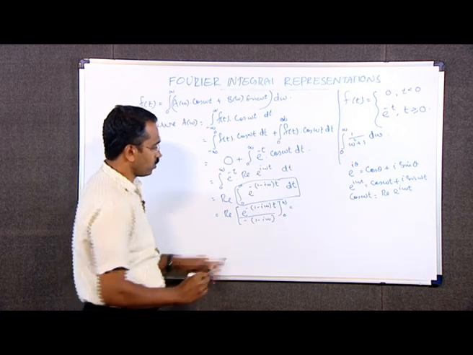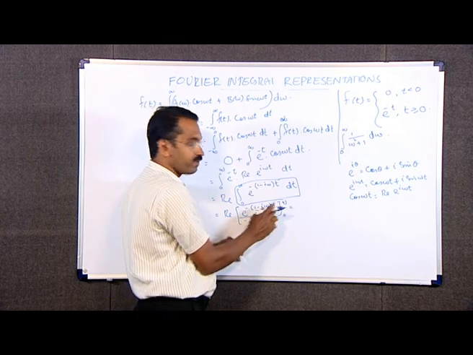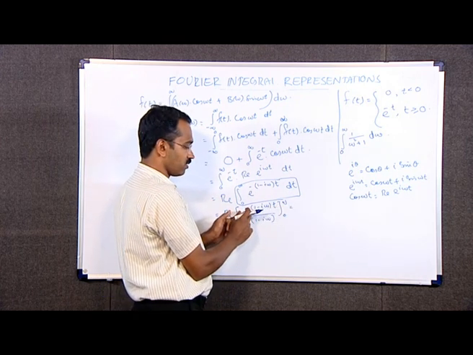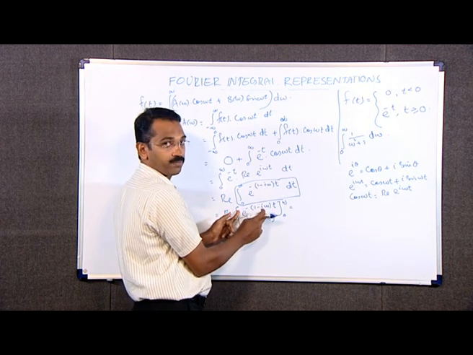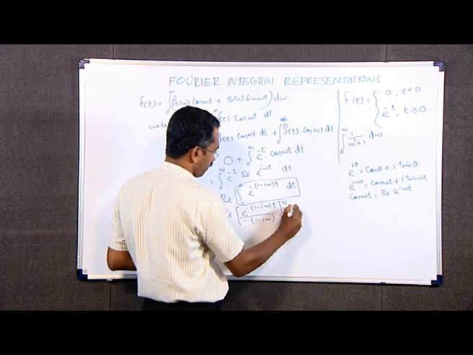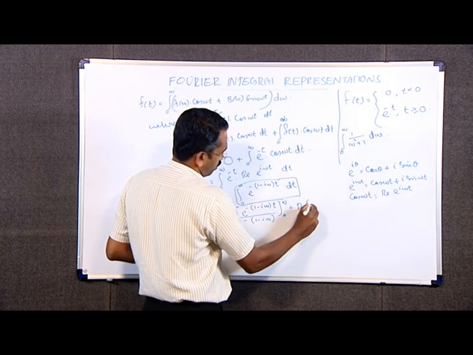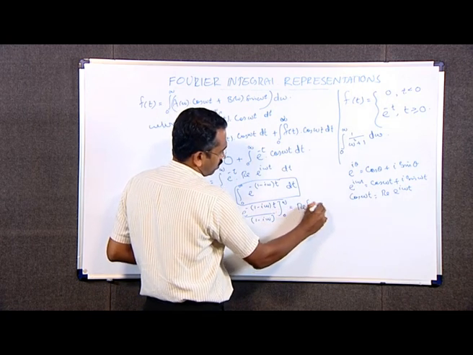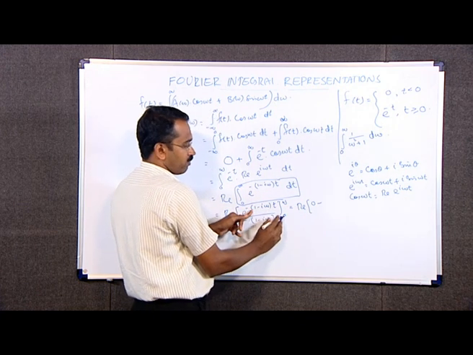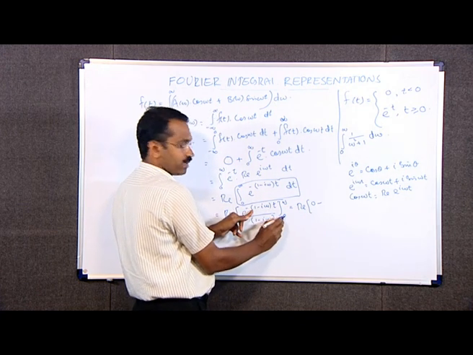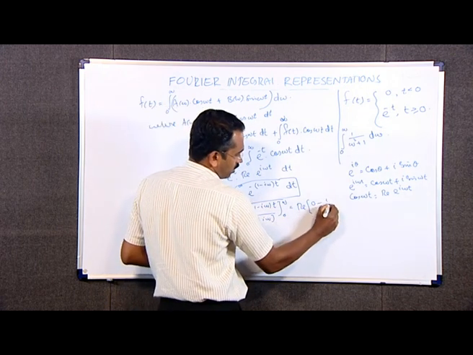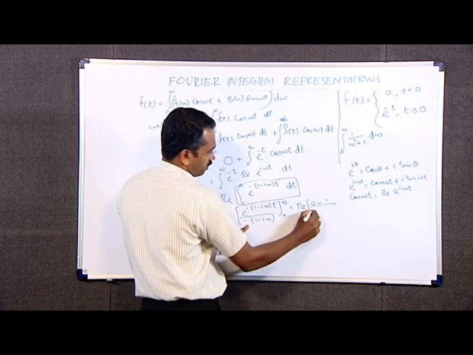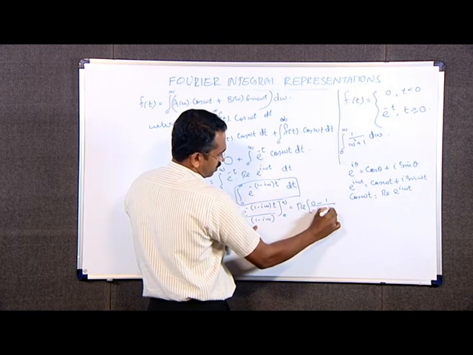When we apply the upper limit, this numerator will become e raised to negative of infinity, which tends to 0. Real part of 0 minus, when we apply the lower limit, this term will become e raised to 0, that is 1, divided by negative of 1 minus i omega.